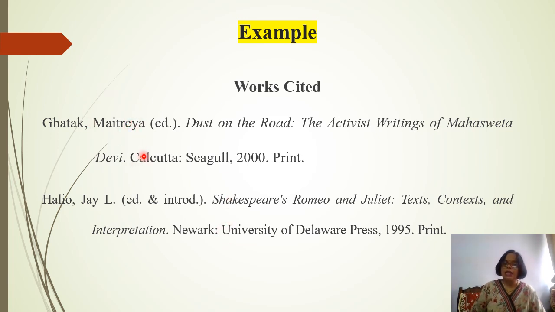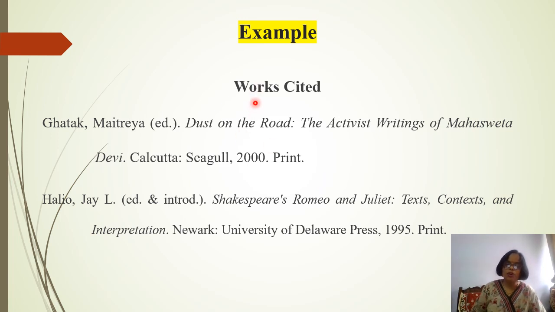Within the first entry, this is the subsequent line. So double spacing is found over here, and in this subsequent line you see that 5 spaces or half an inch is being left. Then again we see the same between the two entries, again there is double space.